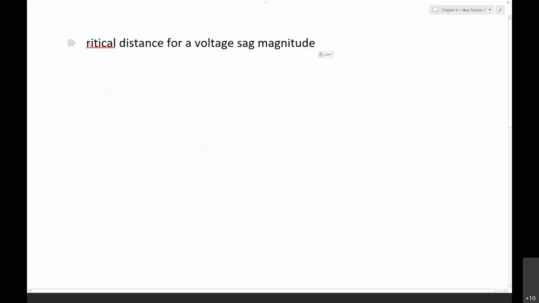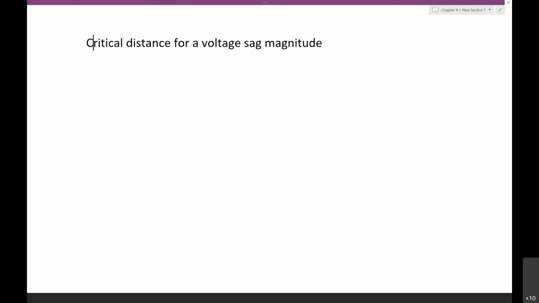What will be the critical distance for a voltage sag magnitude? This is very much useful to connect an equipment from the PCC in order to give a satisfactory performance.